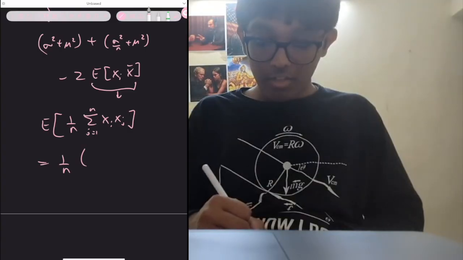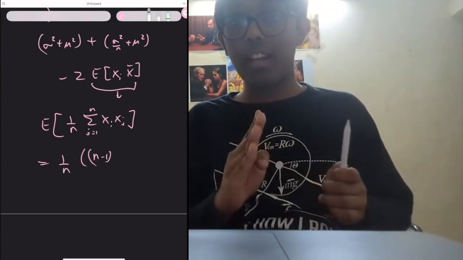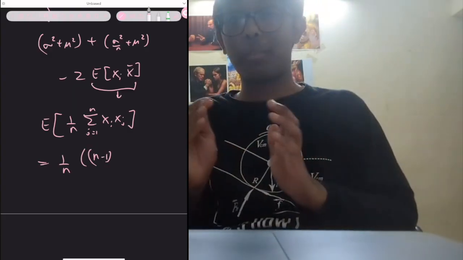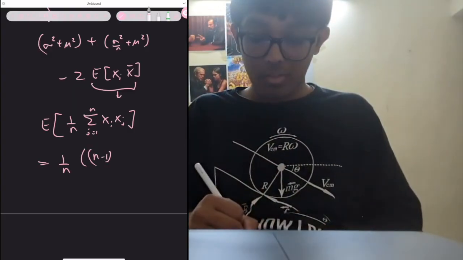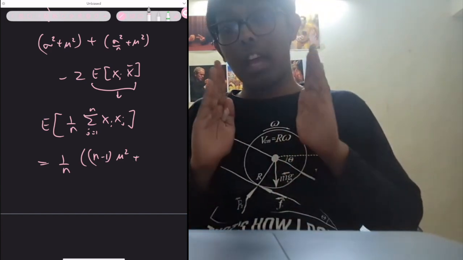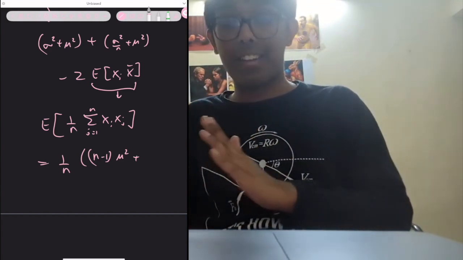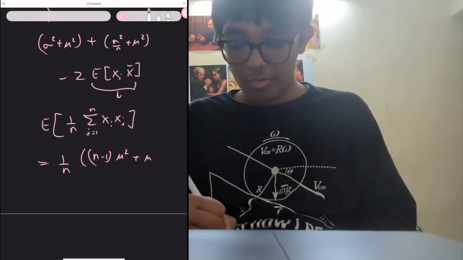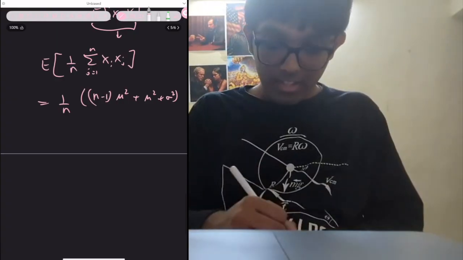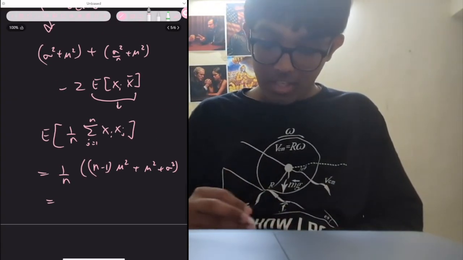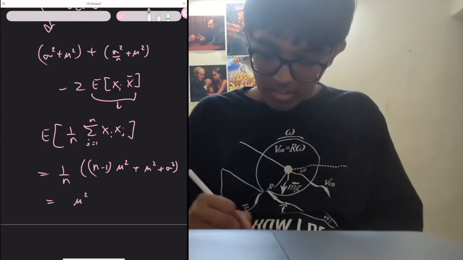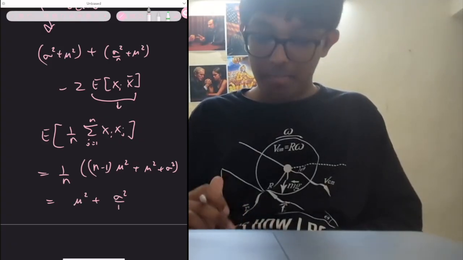So that's n minus 1 times the expectation of xi times xj, where j is not equal to i. That's the expectation of xi times the expectation of xj, which is mu square. One of those terms is the expectation of xi square, which, like we've talked about before, is mu square plus sigma square. So this becomes mu square plus sigma square by n.